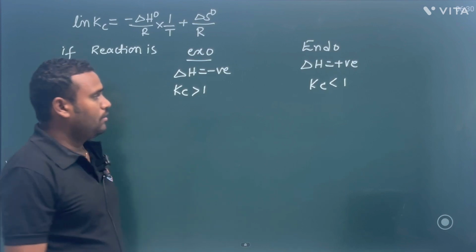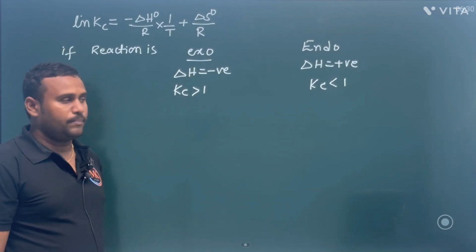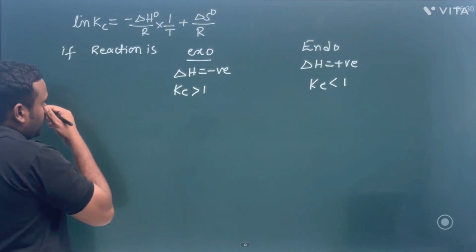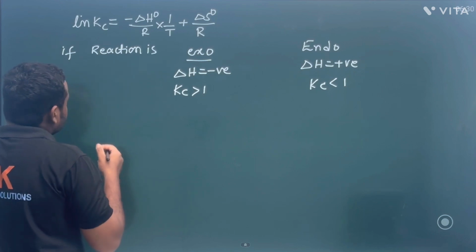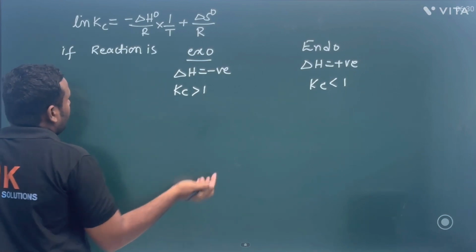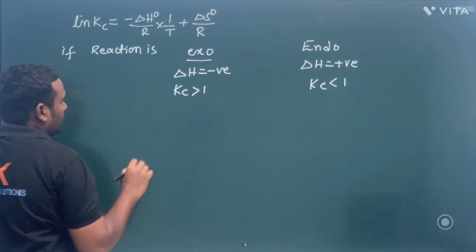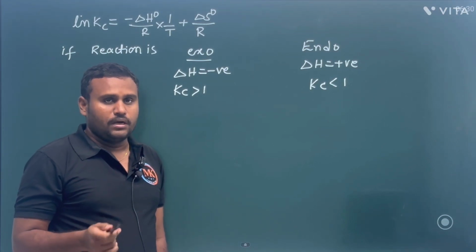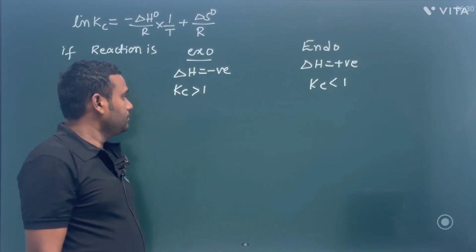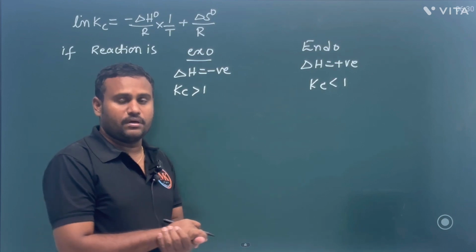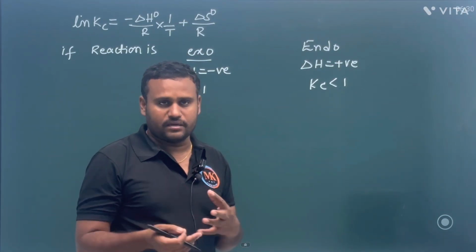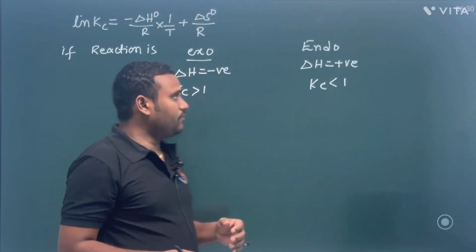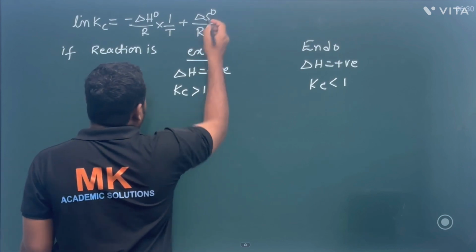Some more conditions we can apply. What is delta S naught here? Standard entropy change. What is the meaning of standard entropy change? It means the disorderness of the system.